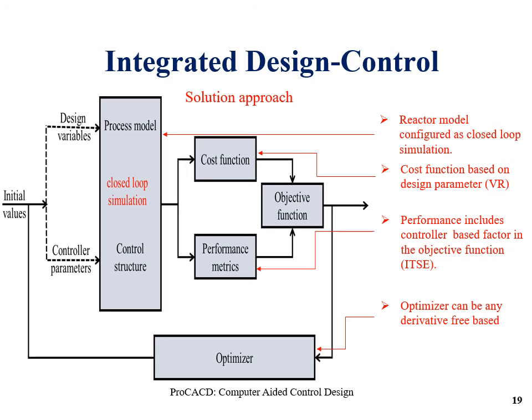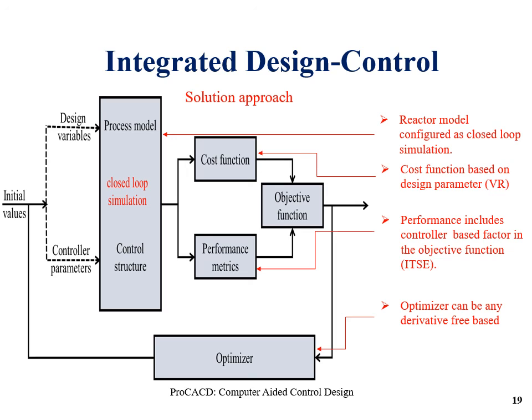So you send these objective function values into the optimizer, and based upon this the optimizer will give you a new set of design variables and controller parameters, which will be sent to the process model.